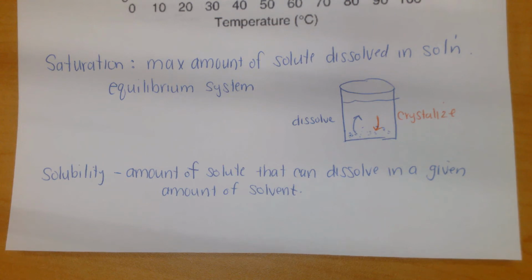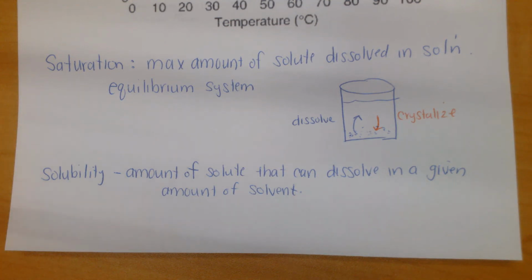And what that means is, over time, the amount of solid that has been dissolved into solution doesn't change. So we've put the maximum amount in there. Saturation is very much temperature dependent, and we're going to see this. As temperature increases or decreases, the amount of solid that we can dissolve into a liquid does change.